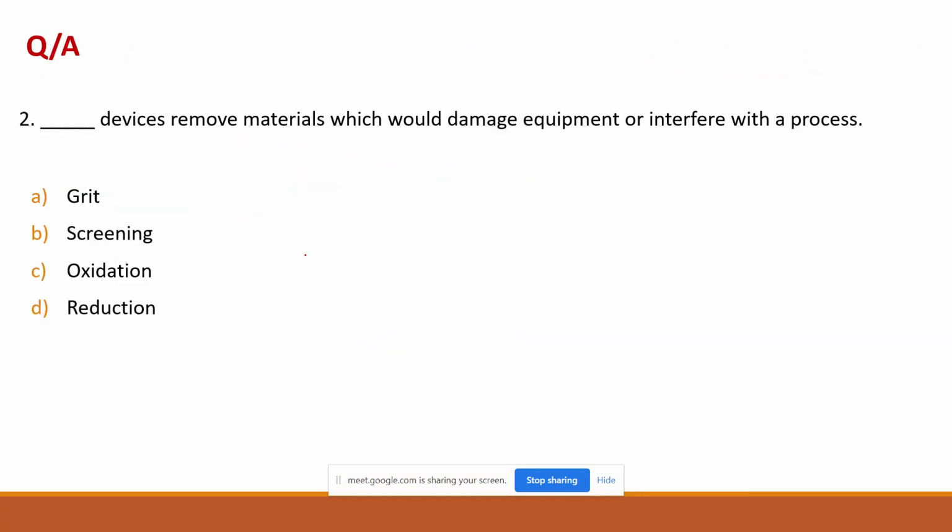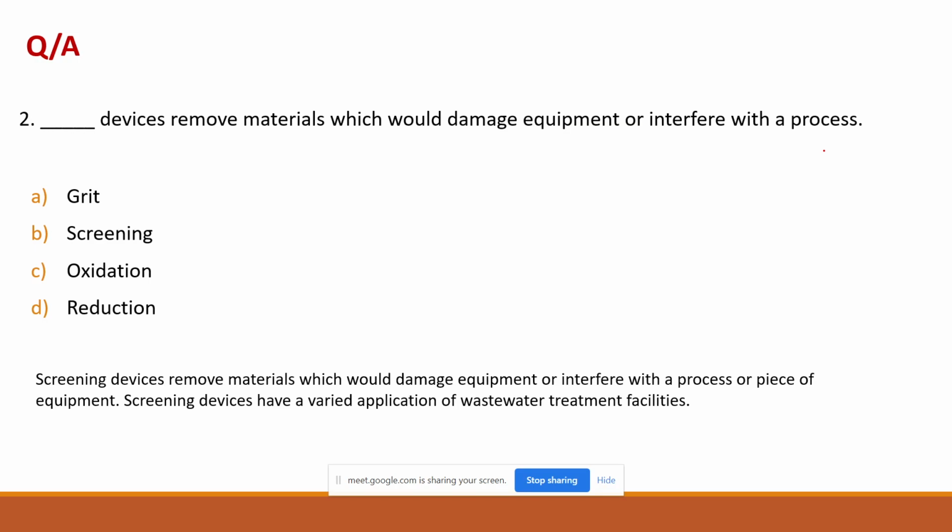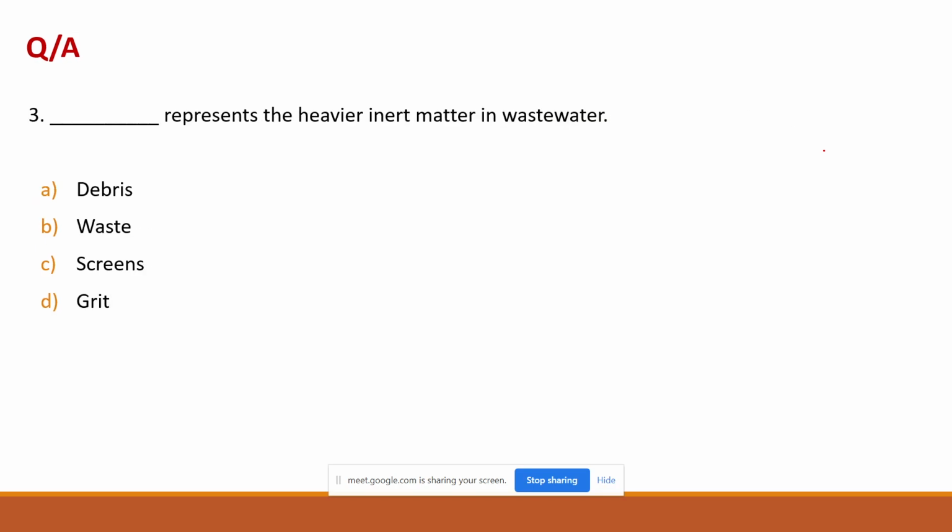Coming to the next question: dash devices remove materials which would damage equipment or interfere with the process. So this will be screening devices, obviously. Next: dash represents the heavier inert material in wastewater: debris, waste, screens, or grit? So what is the heavier inert material present in the wastewater, whether it is debris, waste, screens, or grit?